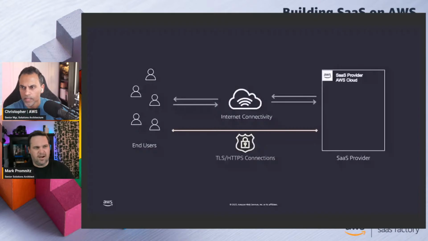Yeah. So I guess when we look at what public SaaS connectivity looks like, we might have a diagram here. Yep. It really is, you have your end users wherever they might be, using whatever clients they have, typically connecting over the internet, with secured connections, TLS, HTTPS, primarily web-based traffic to whatever your SaaS solution is.